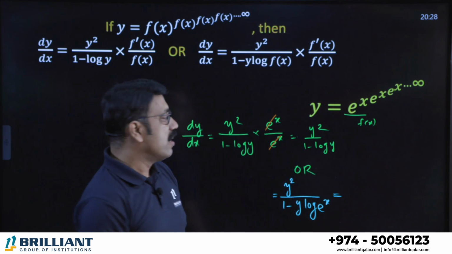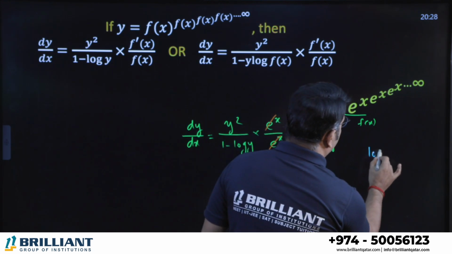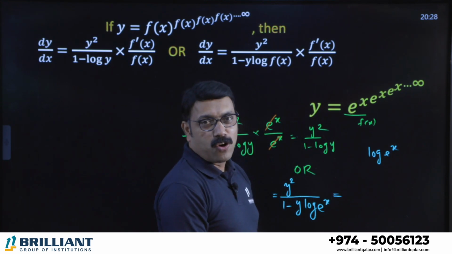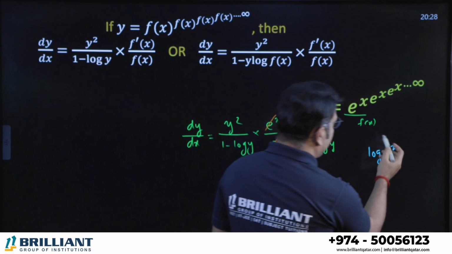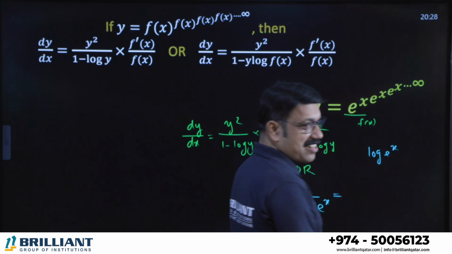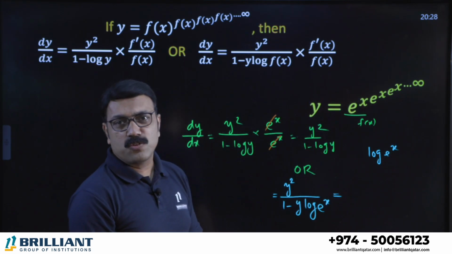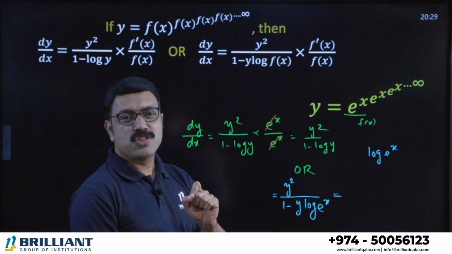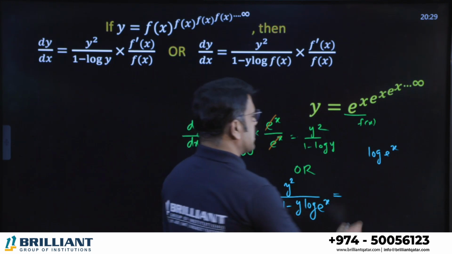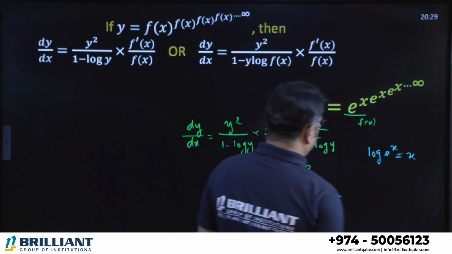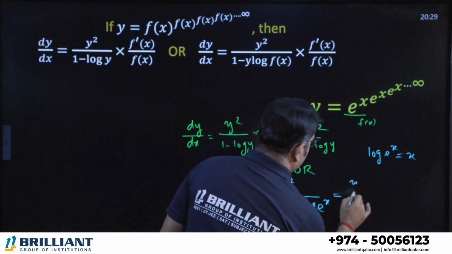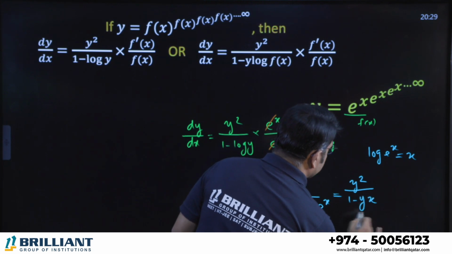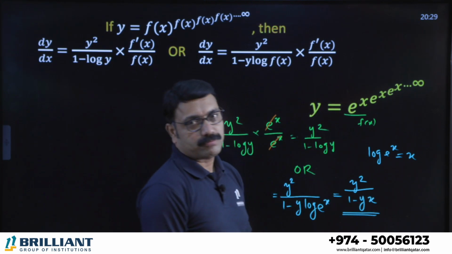Directly you know log of e raised to x equals x log e, and log e to the base e is equal to 1. Otherwise, directly you should know log e raised to x equals x itself. So here we can write y square by 1 minus y into x. That is the final answer.